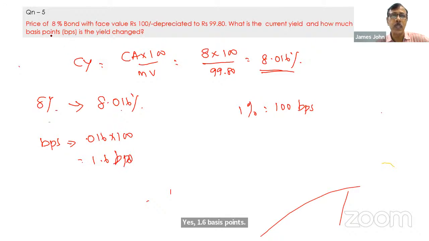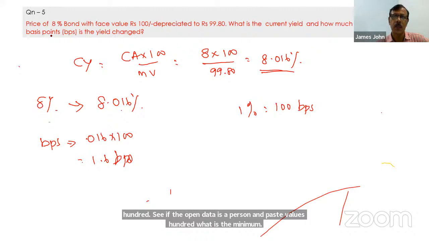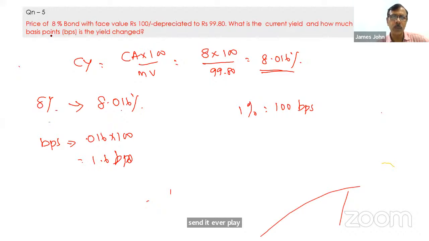Look at the question. It is an 8% bond. What is an 8% bond? Price of an 8% bond means the coupon rate is 8% and the face value is 100. So what is the coupon amount? 8% of 100, that is 8 rupees. I have applied the formula only. Current yield, the formula is coupon amount into 100 by market value.